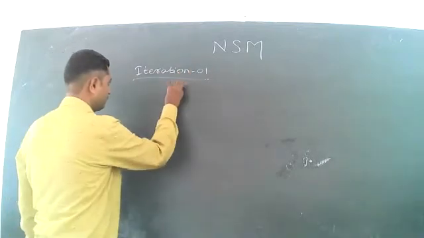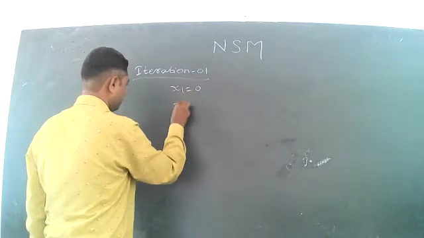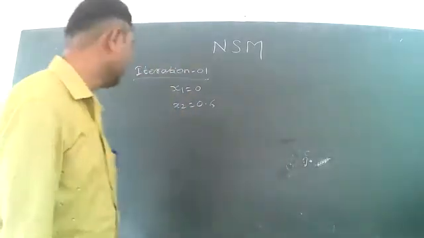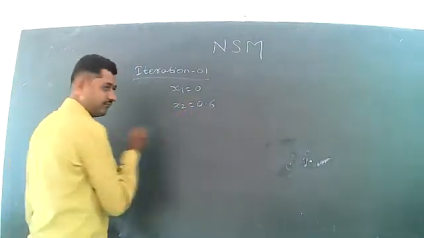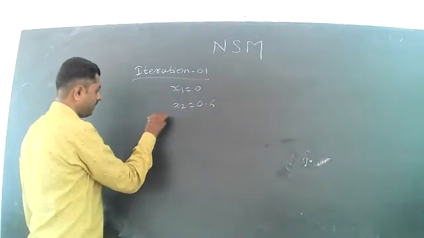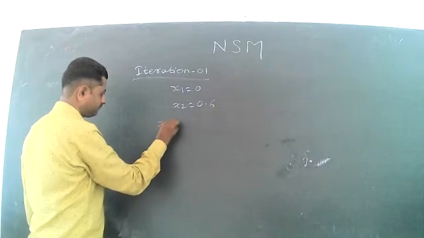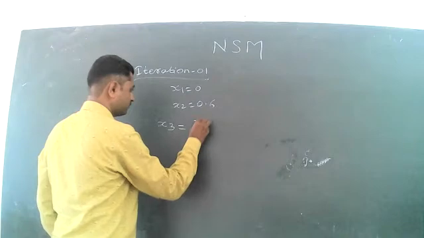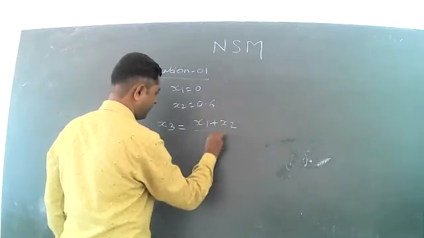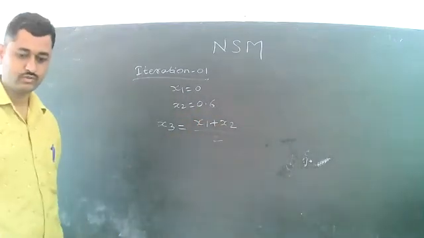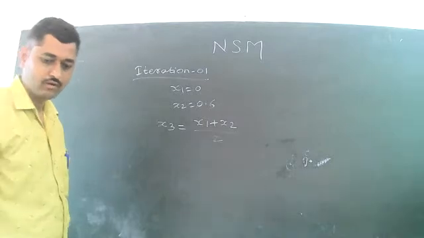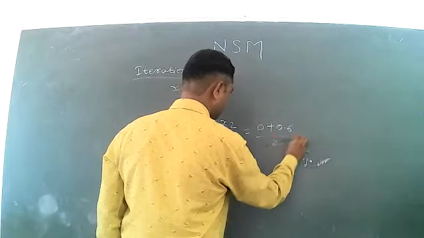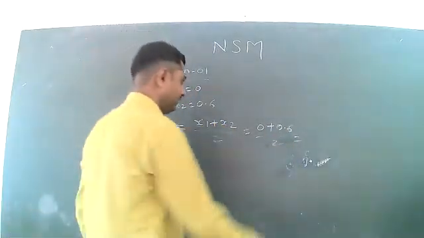For iteration first, assume x1 as 0 and x2 as 0.6. Then find x3. x3 is x1 plus x2 divided by 2, that is 0 plus 0.6 divided by 2, which is 0.3.